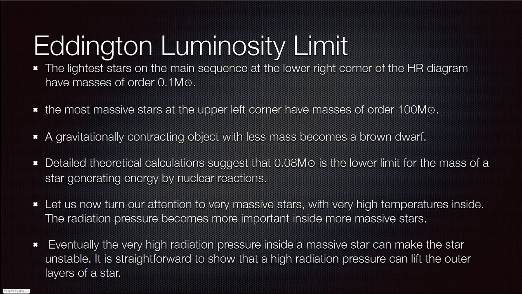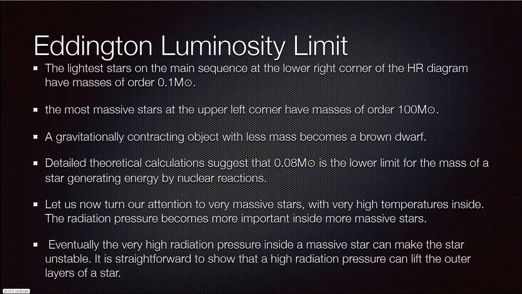But in our HR diagram we have seen stars which had more luminosity, that is, a large number of masses. So why have we considered only these limits? Now we will find out what the lower limit is. We know that a star forms out of the gravitational collapse of interstellar clouds.